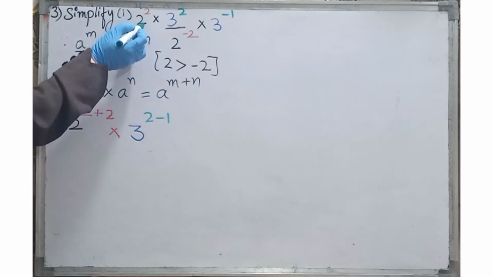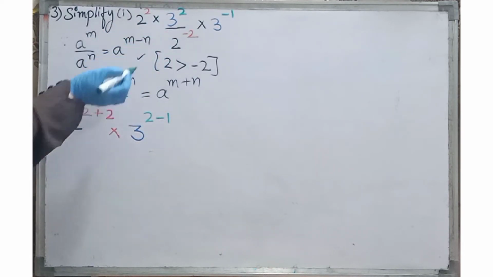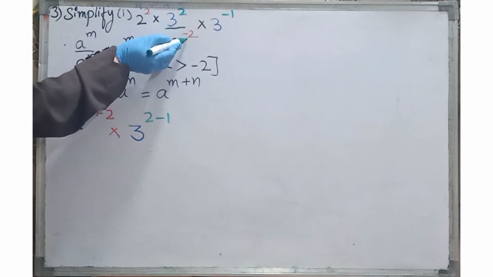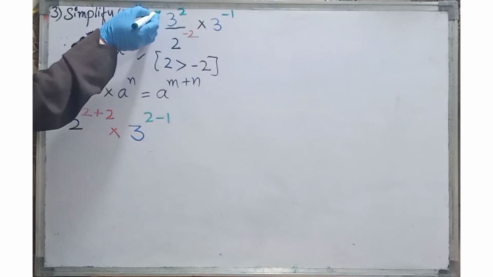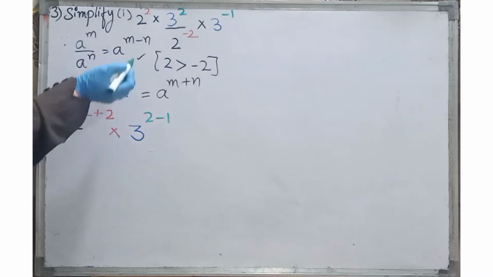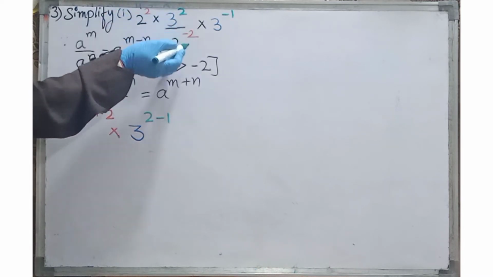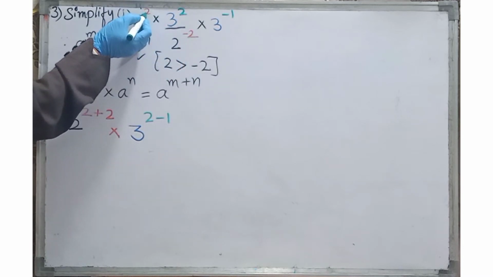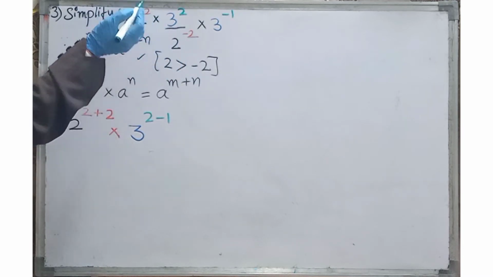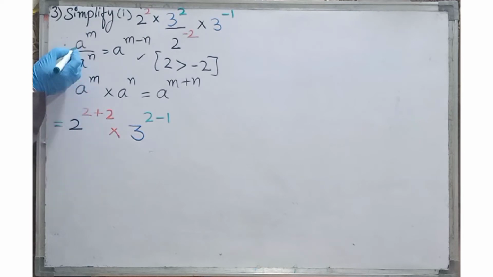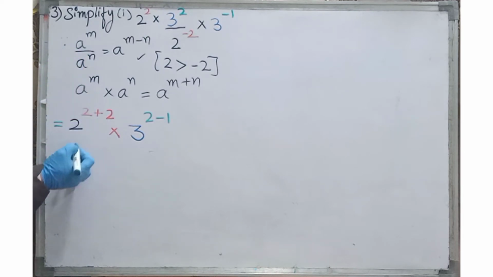If the denominator is written in the numerator, we will change the sign. Or if we want to move the numerator to the denominator, then we have to change the sign of this power. Okay, so when we apply these formulas, what do we get?